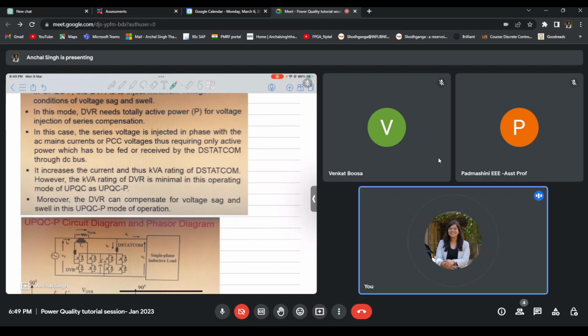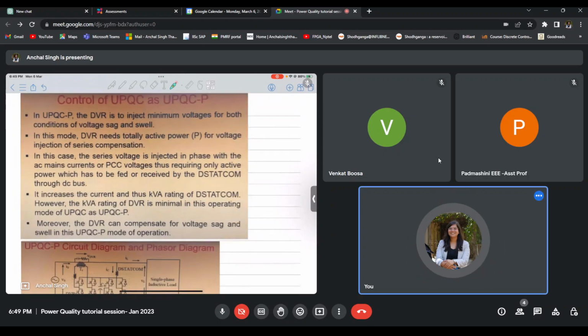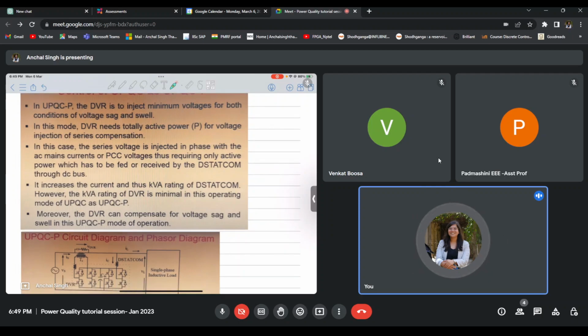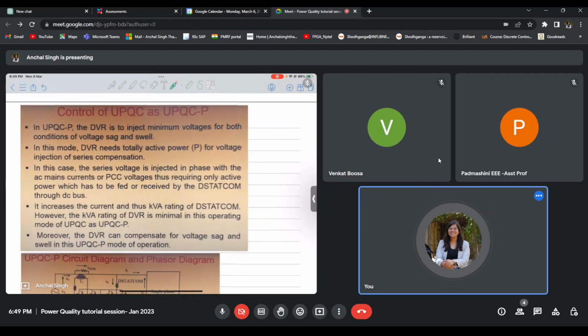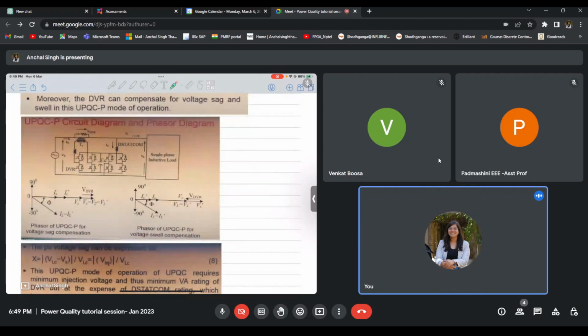UPQC-P is responsible for increasing the current and thus the kVA rating of the DStatCom. However, the kVA rating of the DVR is minimum in this case. And we had just seen that it can compensate for both active and reactive power, but it can inject voltage only in phase, right? This was the phasor we had just looked at before.